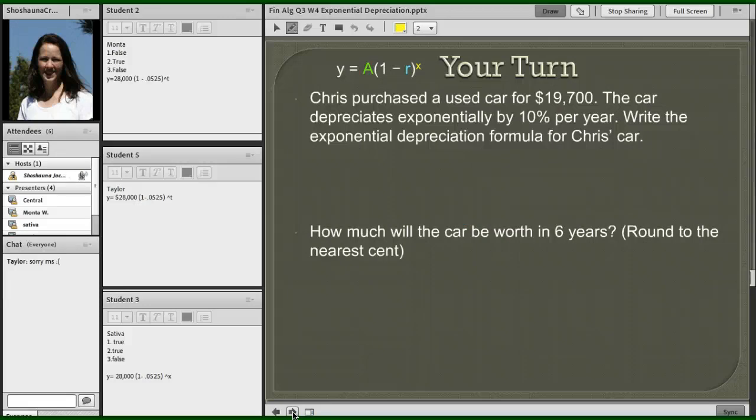This is the only problem we're going to be working on today. You'll need a calculator once we get to the second part, but let's see if you can get the formula down first. So Chris purchased a used car for $19,700. The car depreciates exponentially by 10% per year. Write the exponential depreciation formula for Chris's car. Nice job, guys.